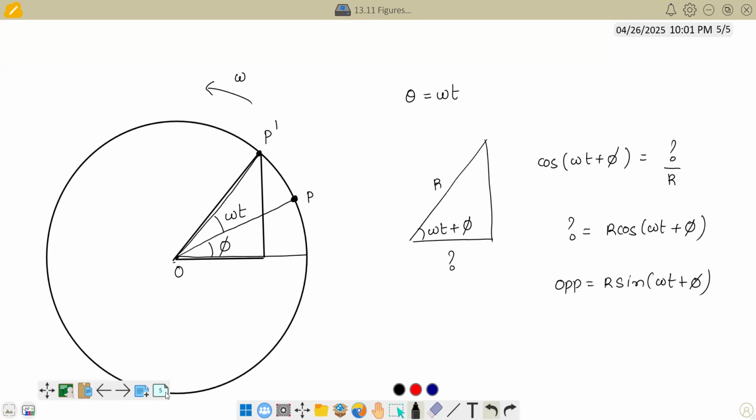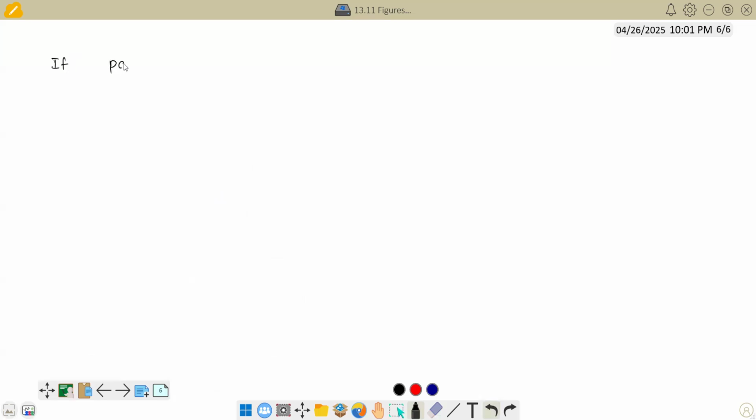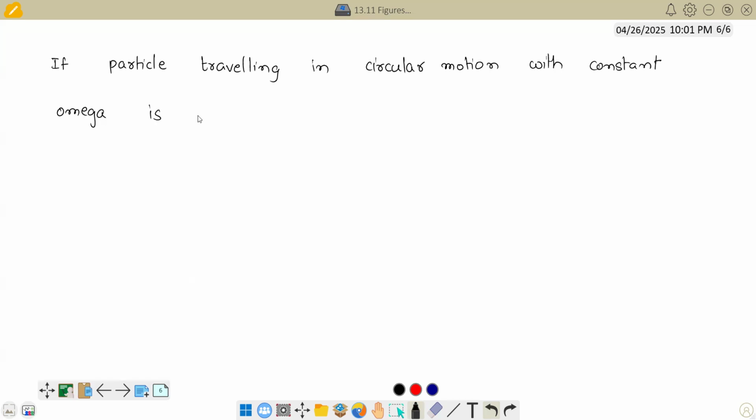If you think, I don't want to remember all this, is there any simple way? Generally, if a particle traveling in circular motion with constant omega is given, we simply assume its x motion would be the radius into cos(omega t plus its initial phase).